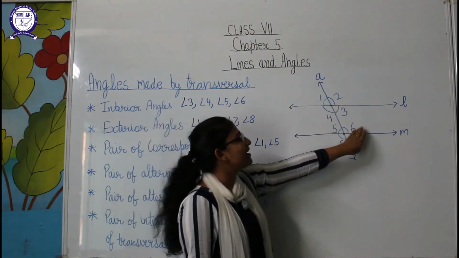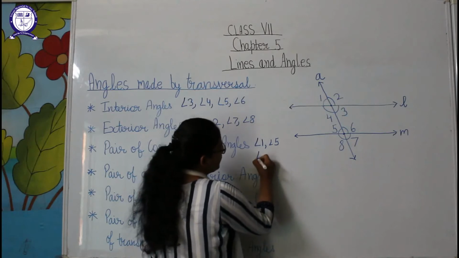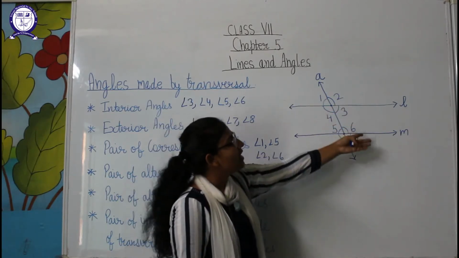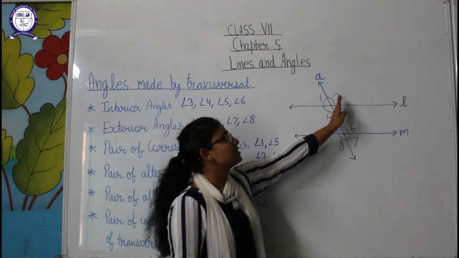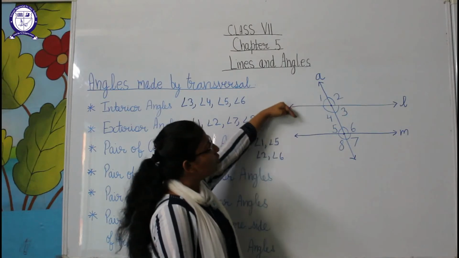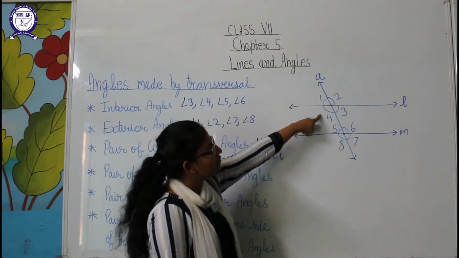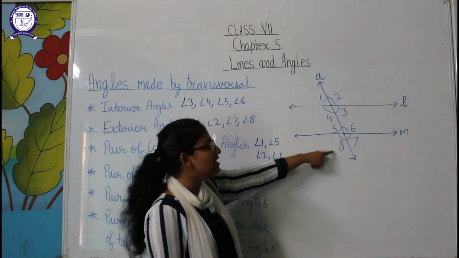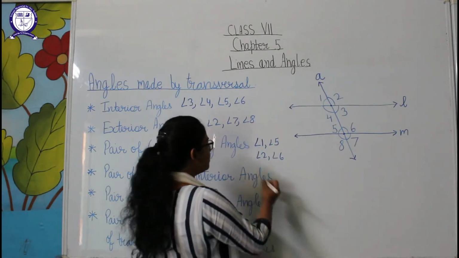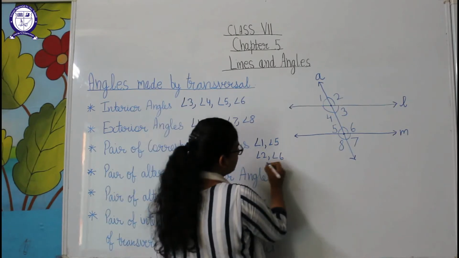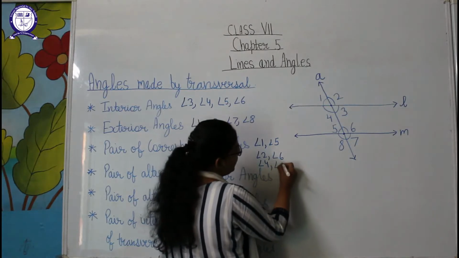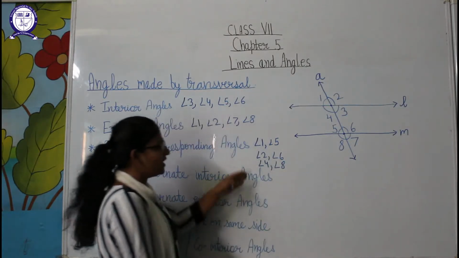Similarly angle 2 and angle 6 will be corresponding angles here, because they are also on the upper part of the line and also on the same side of the transversal, means on the right side of the transversal. Now we will talk about the lower part. This angle 4 and this angle 8, these are on the lower part of these parallel lines. It means they are also a pair of corresponding angles. So I'll write here angle 4 and angle 8 are a pair of corresponding angles.